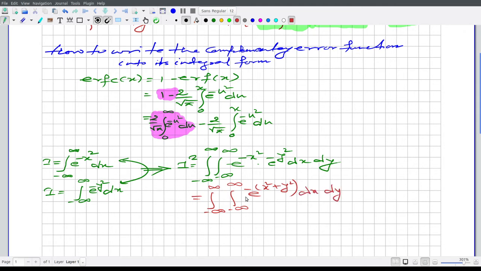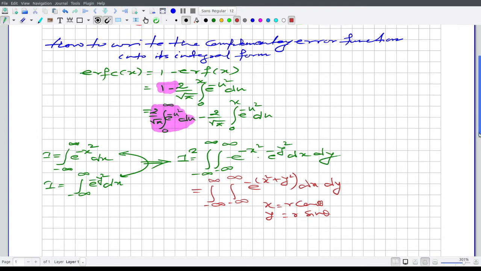Now we have to convert this to polar coordinates by putting x equals r cos theta and y equals r sin theta.